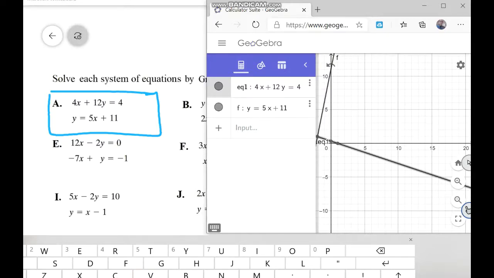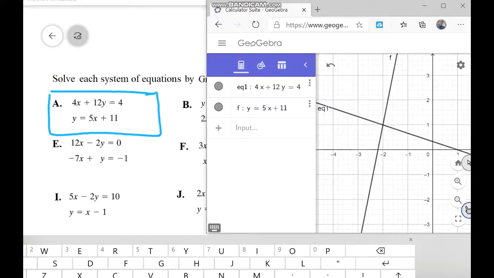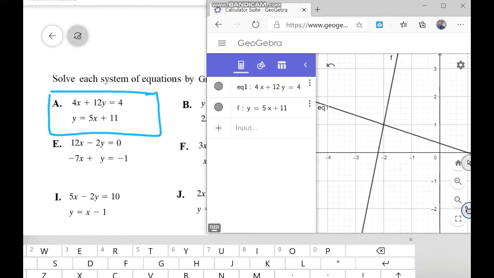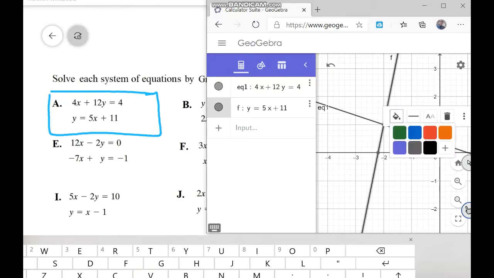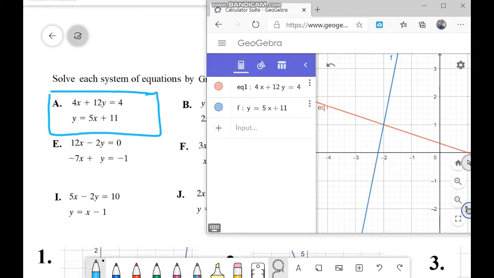Okay. These are the results. The intersection is at x equals -2 and y equals 1. I like to use some colors. Let me color this blue, this red, and this is the result. Now we're going to compare with the options that we have.